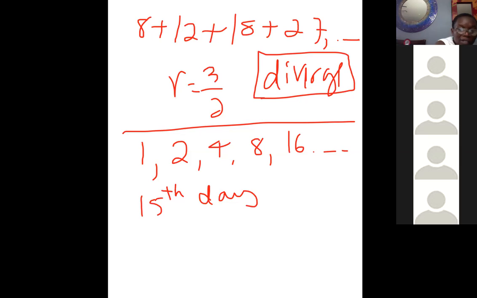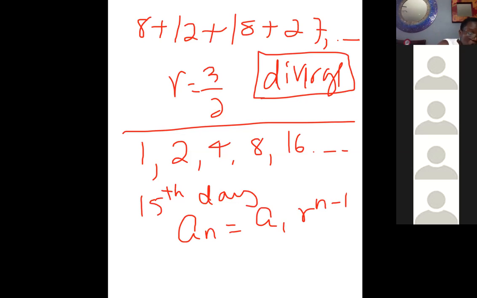We're looking for one term, just one term. We're looking for the 15th term. By the way, guys, is this a geometric pattern or an arithmetic pattern? This is geometric because we're doubling every single day. Very good.